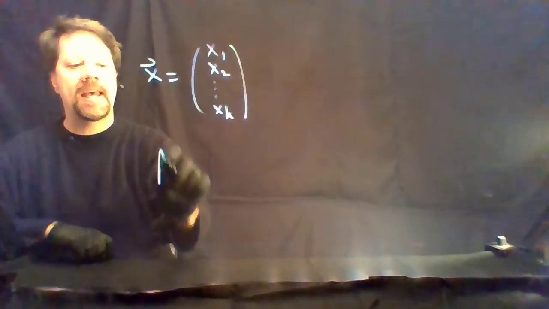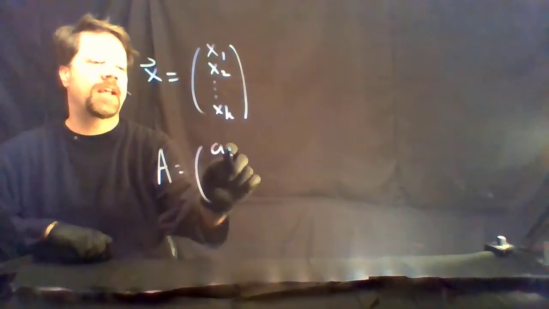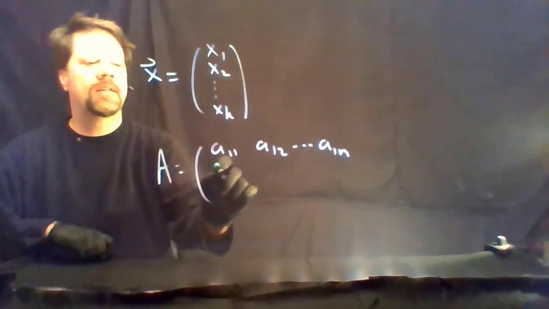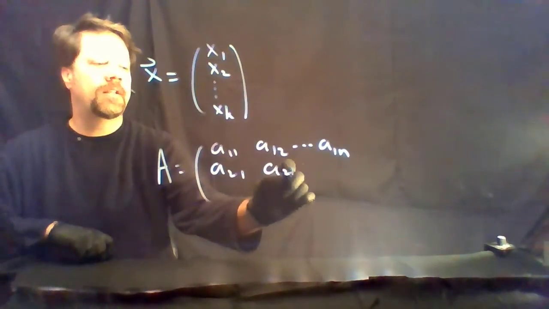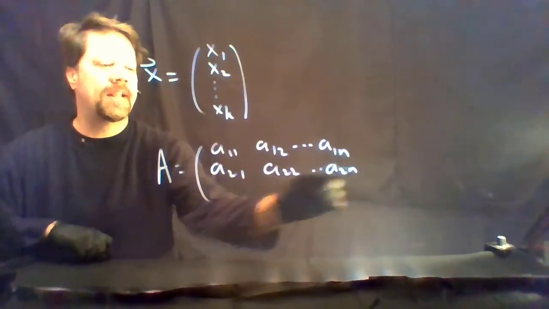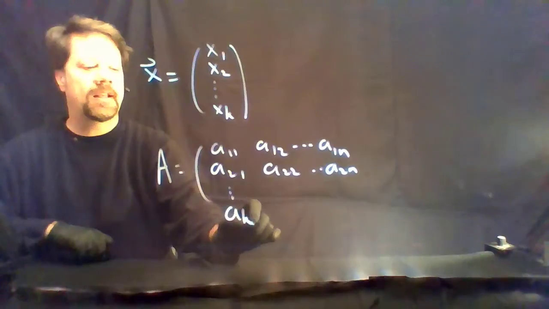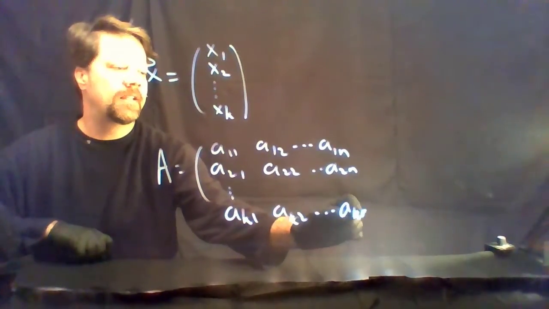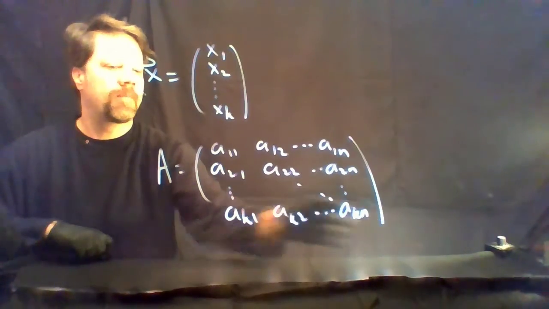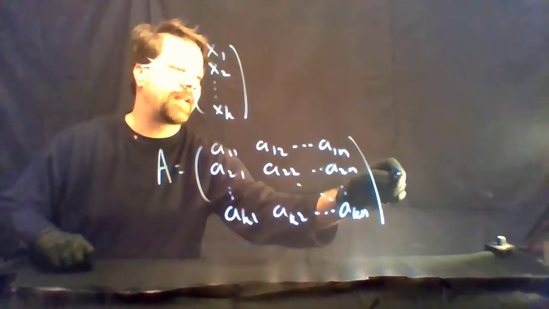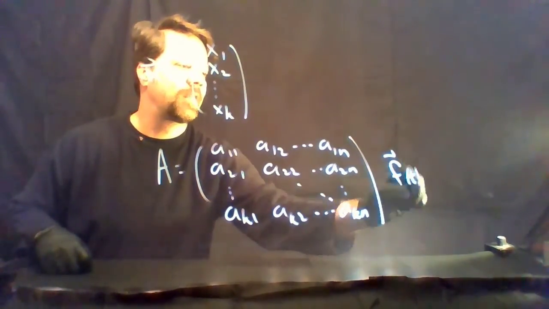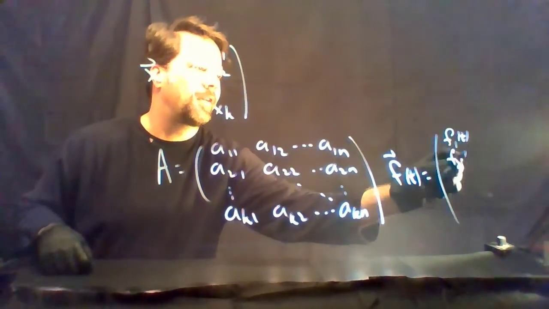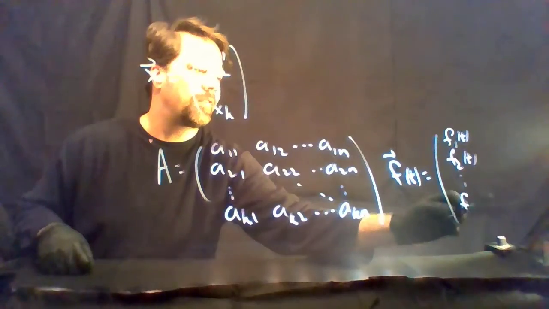And suppose A is the matrix a11, a12 to a1n, a21, a22 to a2n, ak1, ak2 to akn, and also suppose that F is f1 of t, f2 of t, through fk of t.